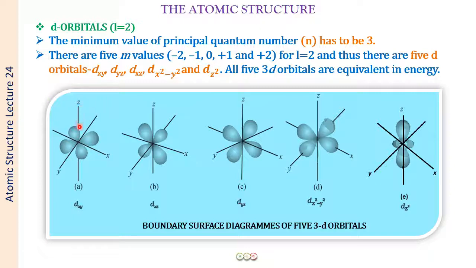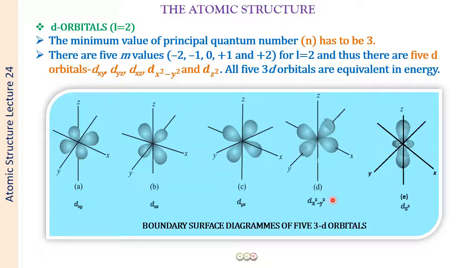You are seeing this as a 2D picture, but actually it is 3D, and these lobes do not come on the z axis. Similar is dxz: here you see the x coordinate and the z coordinate, and between them draw the 4 lobes. And similarly this is dyz.